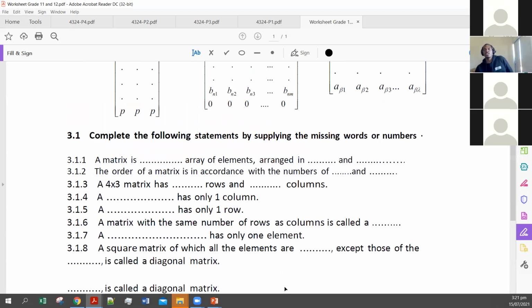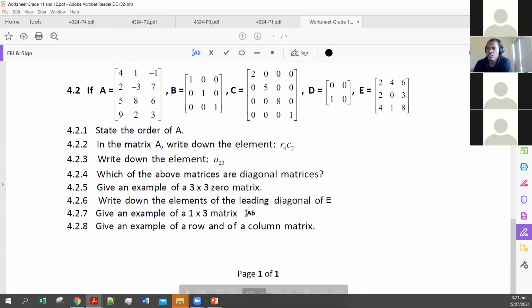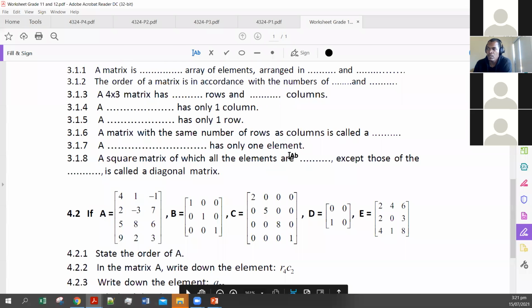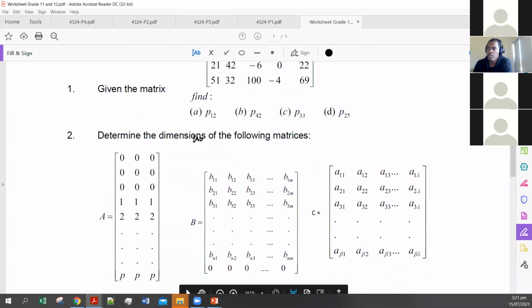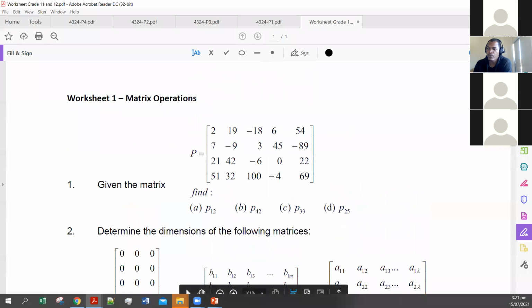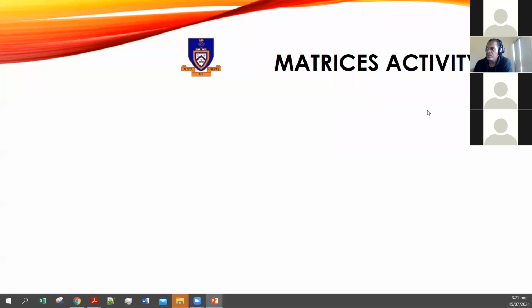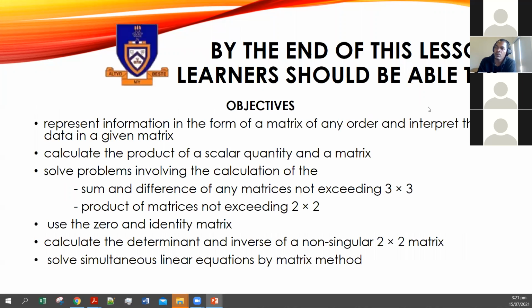Now, as we said, we will have to continue tomorrow, and most of these questions, if we don't attempt them, when we come back tomorrow and talk about these things again, because we will have to continue, if you remember from our table of contents in the beginning, we talked about the things that we need to cover for this topic.